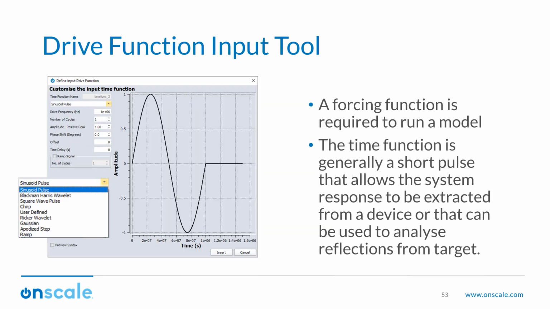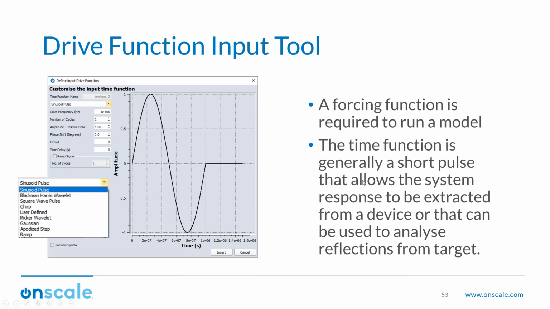In OnScale, you have the drive function input tool, which will graphically show you what the drive function looks like. You can directly select the type of drive function you want and the frequency of this drive function, and you'll get the code that you can paste into your Analyst script.